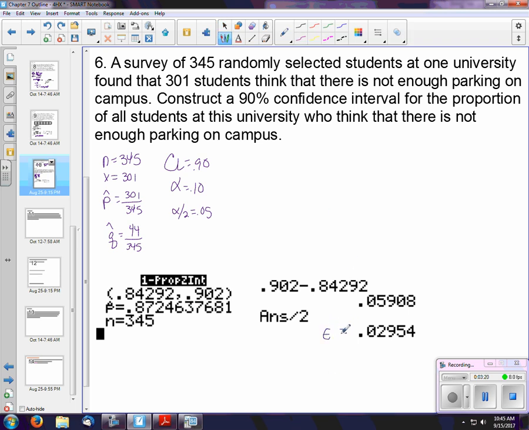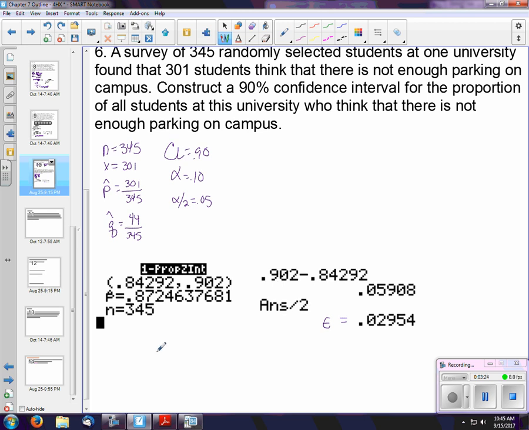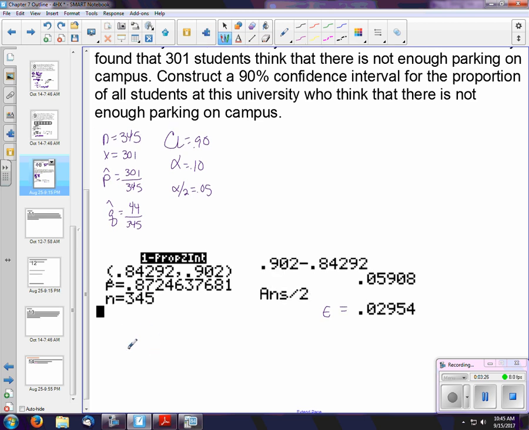If our margin of error is right around 3%, and 0.843 is our lower bound, then the estimate for p, the population proportion, is that between 84% and 90% of students believe that there's not enough parking on campus.